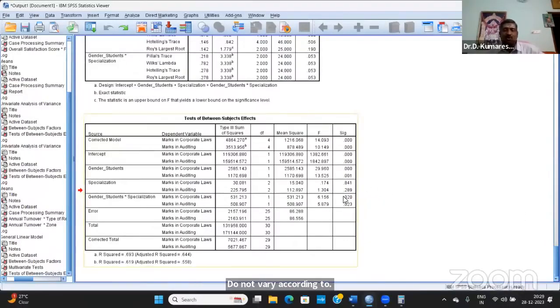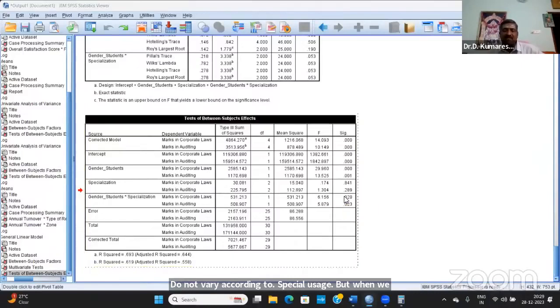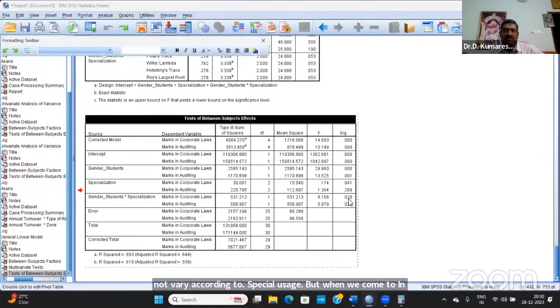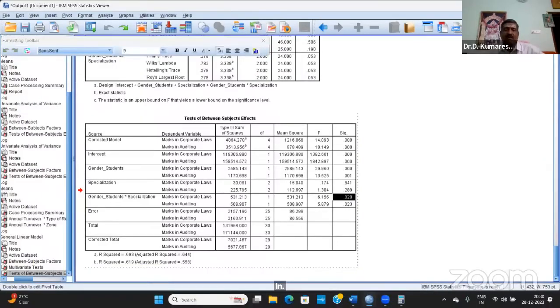But when we come to interaction, it is 0.02, less than 0.05. So marks in corporate law varied significantly according to gender and specialization.